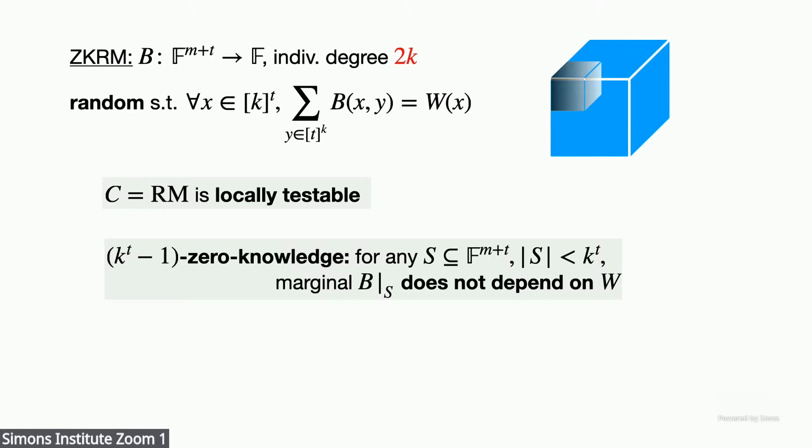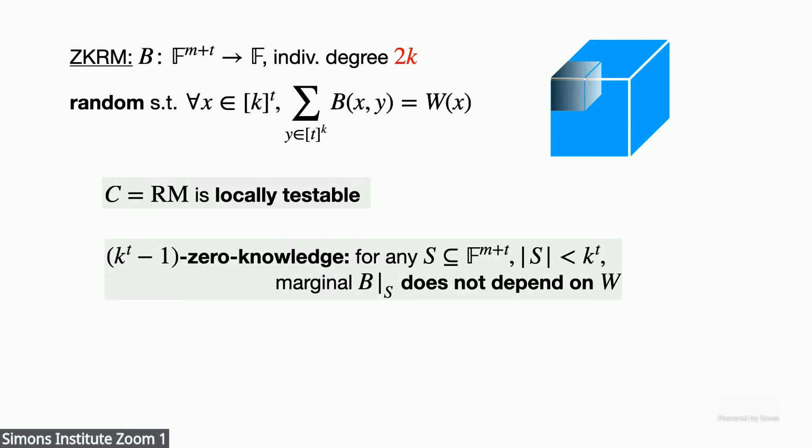Okay, and the intuitive reason for that is that if I want to learn any w of x, then intuitively I have to evaluate this sum, right? Sorry, this should be k to the t, not t to the k. So I have to evaluate b at k to the t points in order to compute this sum.